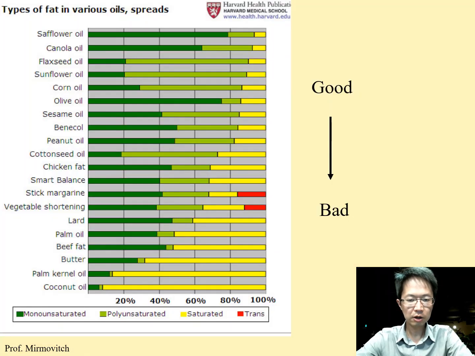And the table we showed you on the previous slides is consistent with the Harvard Medical School finding. The palm oil and coconut oil have a very high saturated fat content.